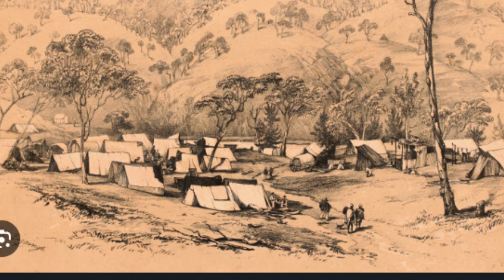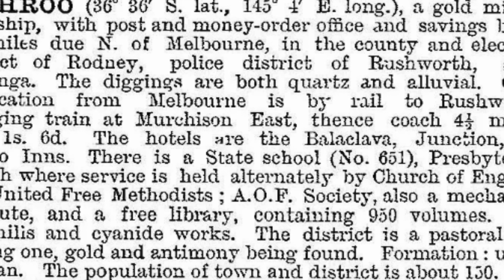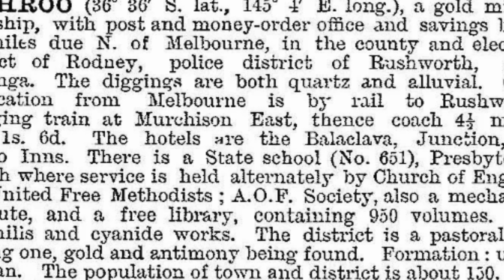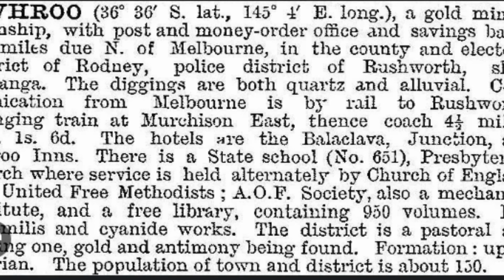One source mentions that at its peak, Whroo accommodated various facilities, including a mechanics institute, a state school, post office, 3 savings banks, a free library, 2 churches, 3 ore crushing mills, 3 hotels, and a cordial factory. Of course, a cordial factory.